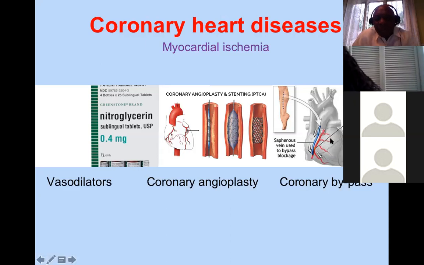Okay? And then the other invasive procedure is the coronary bypass.